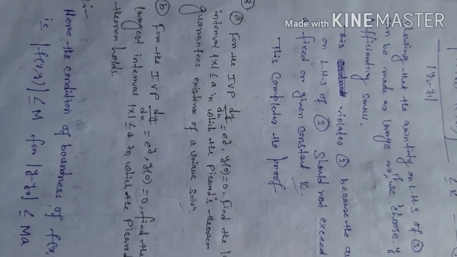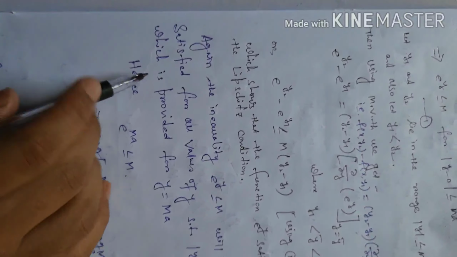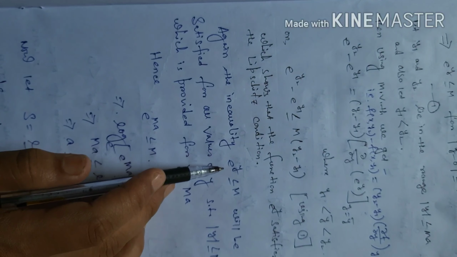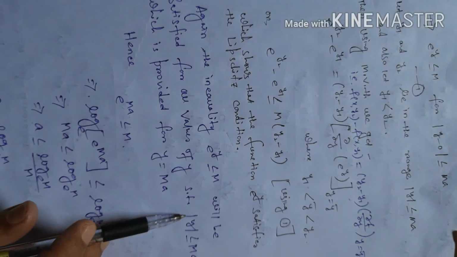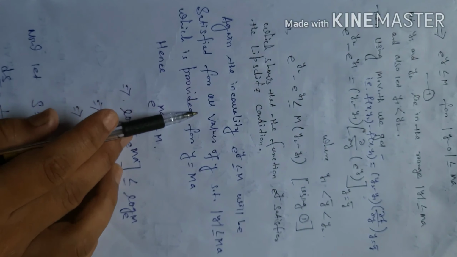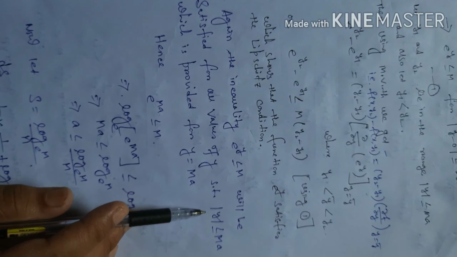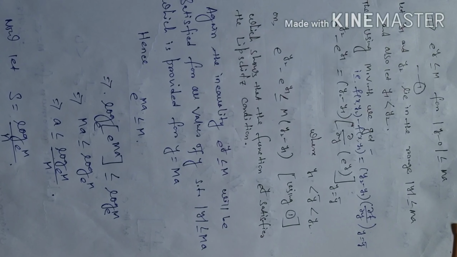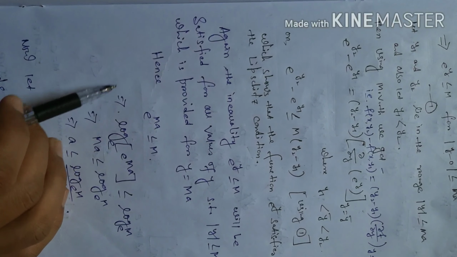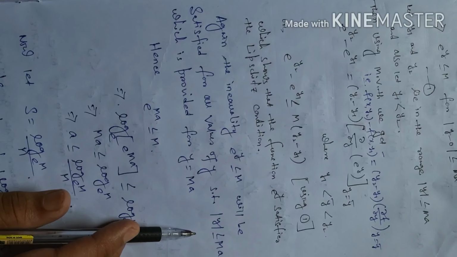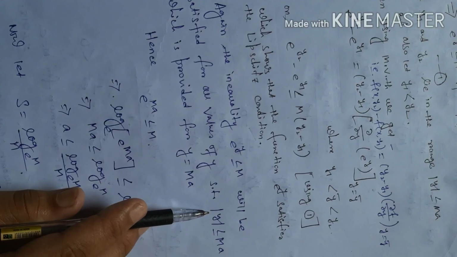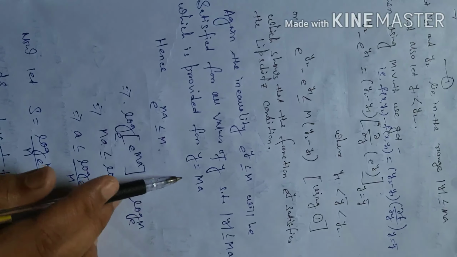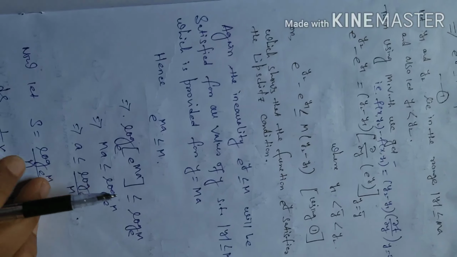Our next problem, that is problem number B. Again the inequality e^y ≤ M will be satisfied for all values of y such that |y| ≤ Ma. And in this case, let us assume that |y| = Ma, that is y = Ma.